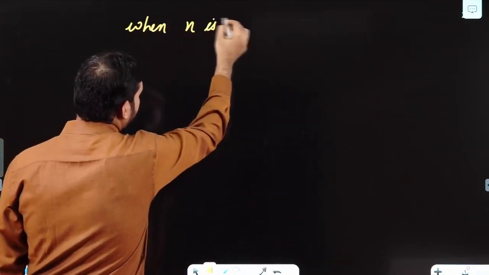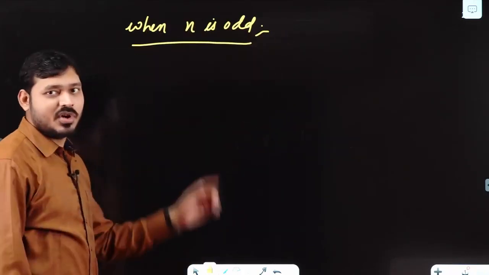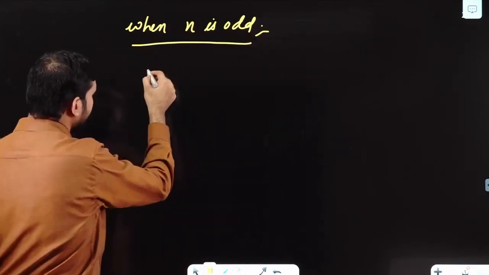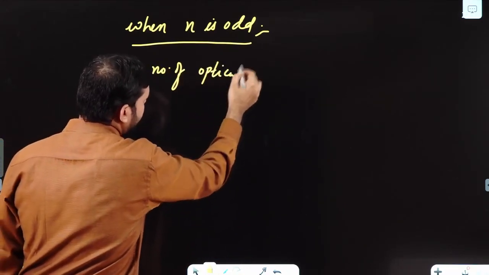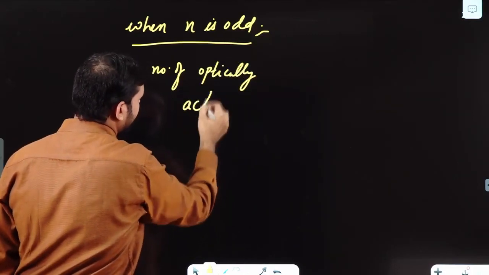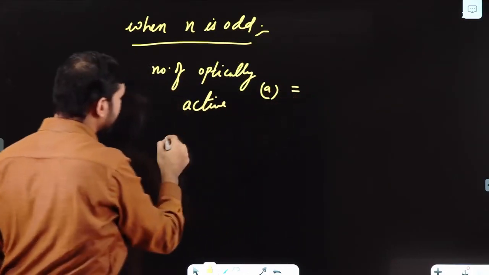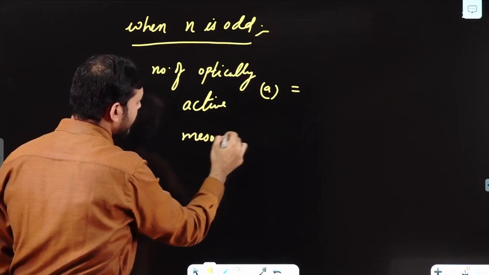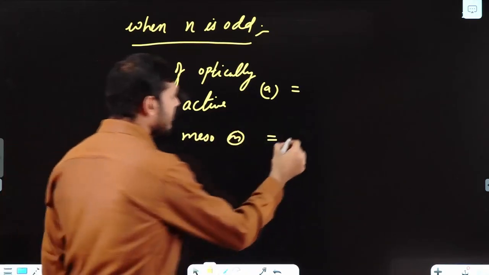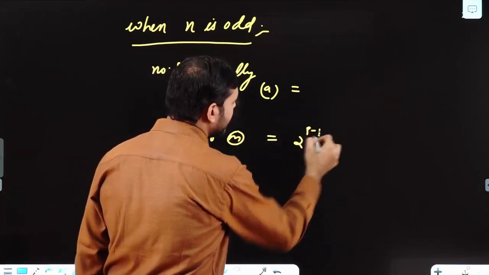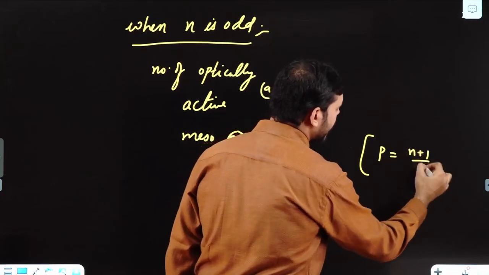When n is odd, now let's see what happens when n is odd. Number of optically active part, A, and meso part, M. See here, meso part is again given by 2 to the power p minus 1, but here p will be n plus 1 by 2.